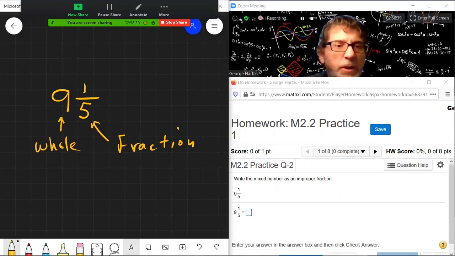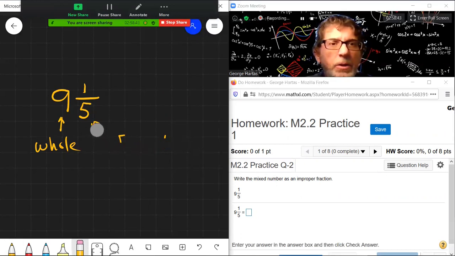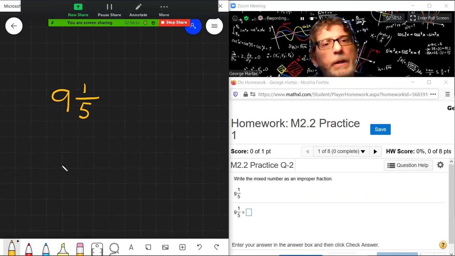All right, so how do we go about converting a mixed number into an improper fraction? Step number 1, we're going to multiply the whole number part and the denominator.